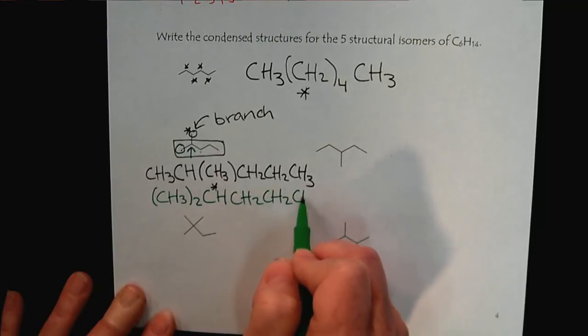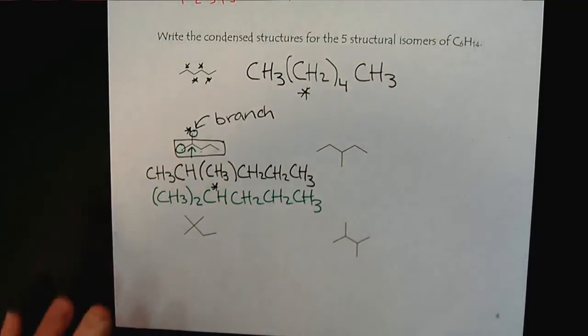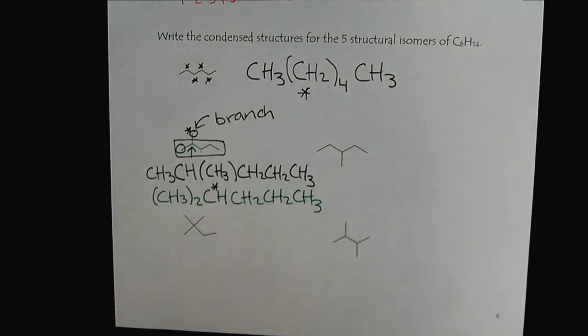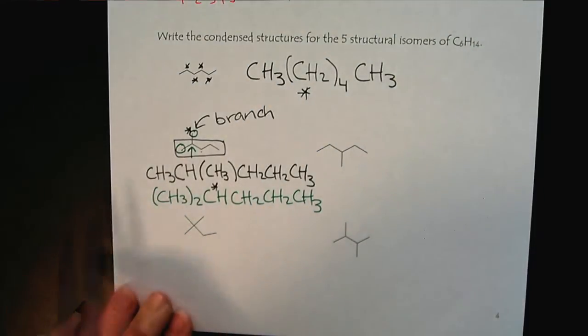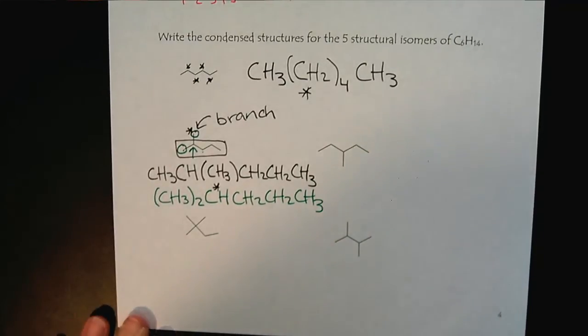There are no official rules on condensed formula, so you want to be comfortable drawing a condensed formula or reading a condensed formula either way. These both represent the compound above.